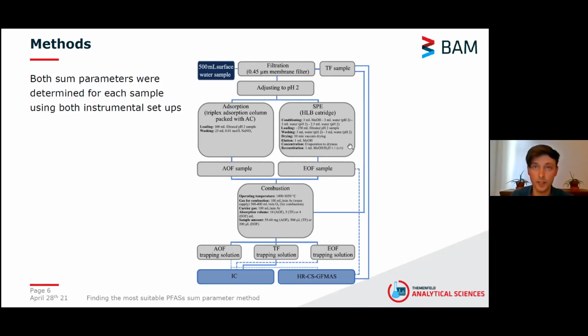For AOF determination using the GFMAS, one set of these AOF containing trapping solutions was aliquoted and transferred into the GFMAS system, as well as into the IC system. Aliquots of the extracts from the EOF determination could be used directly in the GFMAS.